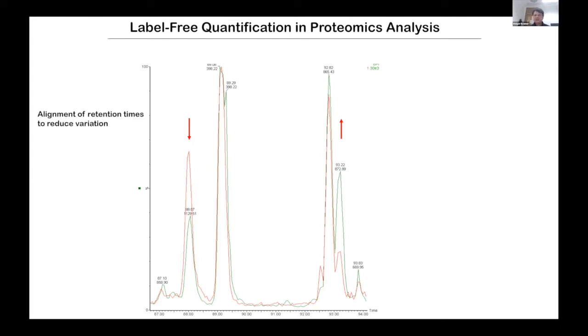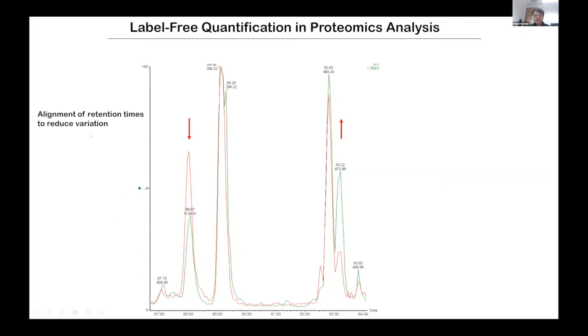Another challenge is that the stability of these systems may not be perfect. When I do a liquid chromatography run that may take an hour to analyze one complex sample, then when I perform the next injection and another run that takes an hour, the conditions may have slightly shifted, and that could lead to variations in retention time, where certain peptides elute a little bit earlier or later.